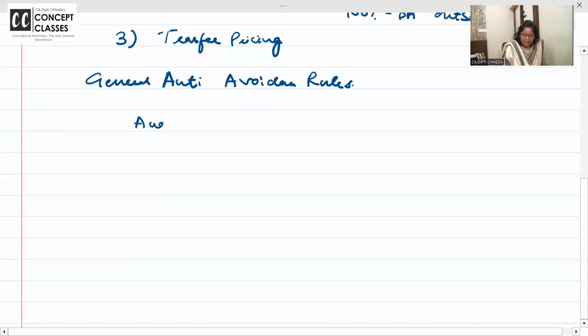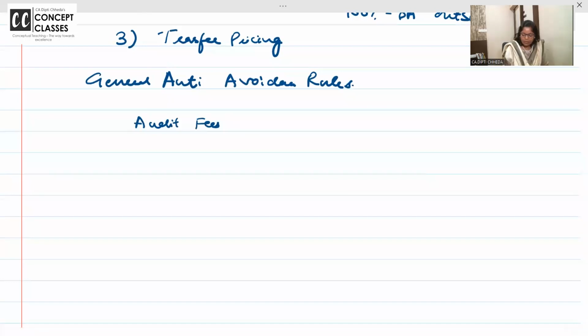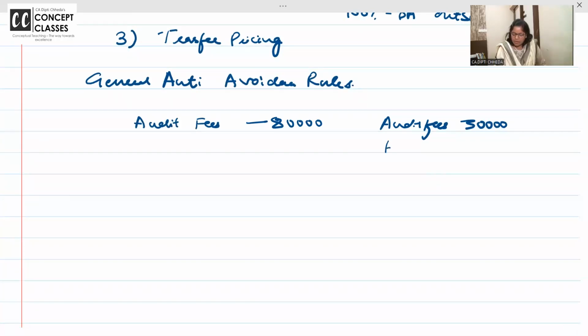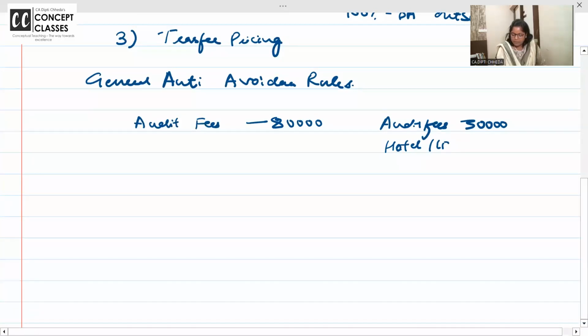I have to collect audit fees from you all. For doing one tax audit, my fees is 80,000. अब उसको मैं स्प्लिट कर दे रही हूँ कि ऑडिट फीस तो 30,000 है. जो स्टाफ का यहाँ से चेन्नई गए थे ऑडिट के लिए, होटल, लॉजिंग, बोर्डिंग, वही सबका खर्चा 30,000 हो गया.